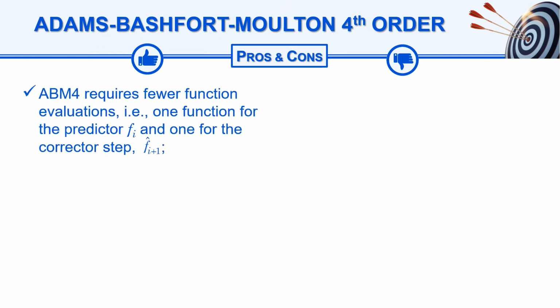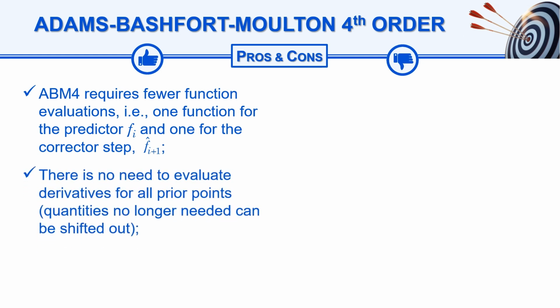The advantages of the ABM4 method are: ABM4 requires fewer function evaluations, i.e., one function for the predictor, f_i, and one for the corrector step, f̂_{i+1}. There is no need to evaluate derivatives for all prior points. Quantities no longer needed can be shifted out.